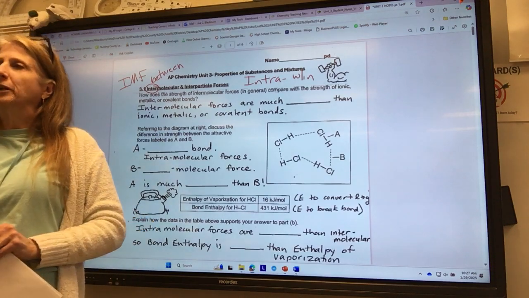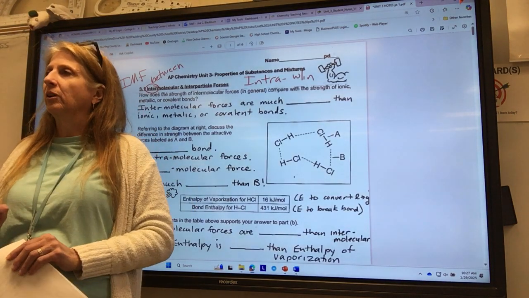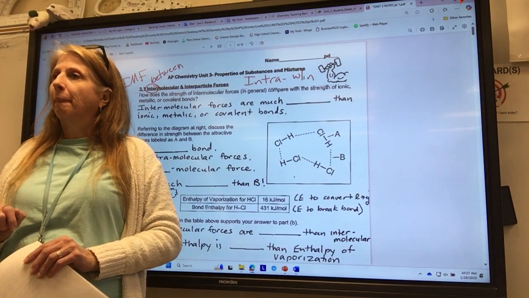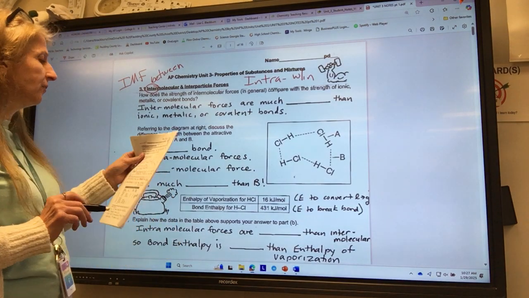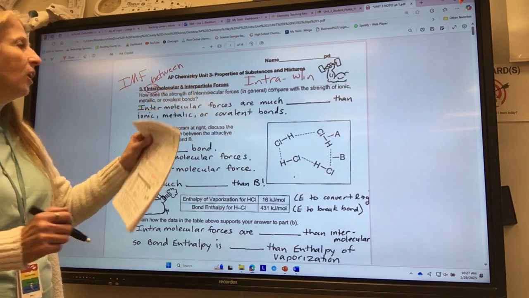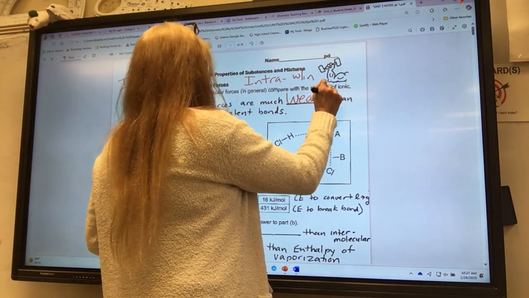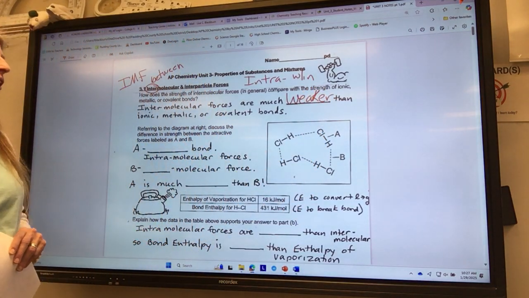Which one do you think would be stronger, a real bond or these forces between molecules? I think somebody said real soft. The real bond is stronger. So intermolecular forces are much weaker than ionic, metallic, or covalent.